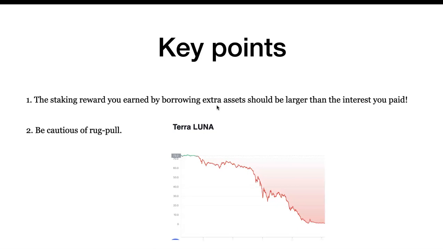If you stake, you earn the interest, let's say 100% interest, but your Luna drops from around 80, and in several days it's almost zero. So you are going to lose all of your fund, even though the interest could be very high. You have to be cautious about this kind of scenario and make sure the altcoin is stable, so you can earn the interest.